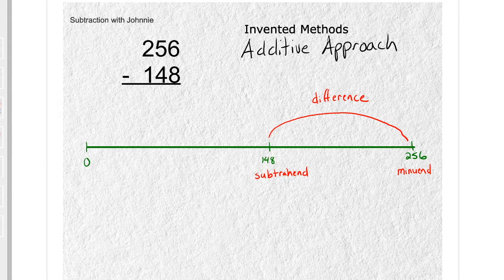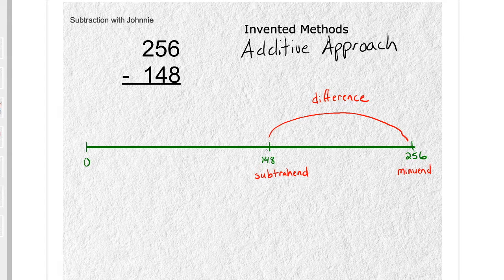Now, a lot of times when we do subtraction, we talk about how much is left over. Thinking about difference is a much more useful way to think about what's happening in some ways. The difference tells us how far apart the two numbers are. How much space is there between 148 and 256?